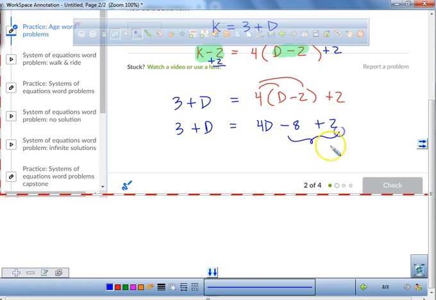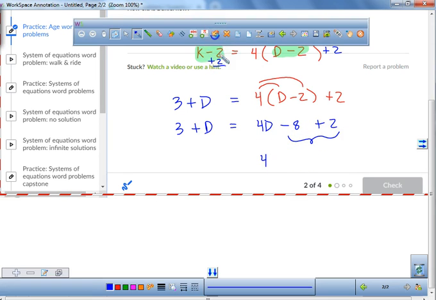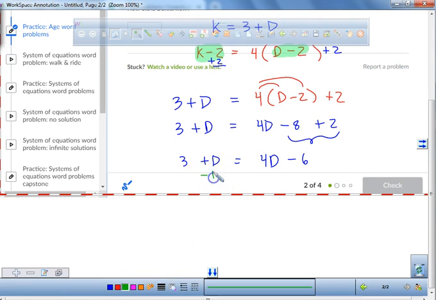We combine our like terms right here, and we get 4D minus 6 equals 3 plus D. Then we take away D from this side, take away D from this side, that zeroes out.